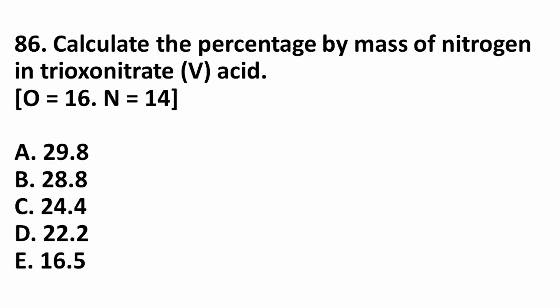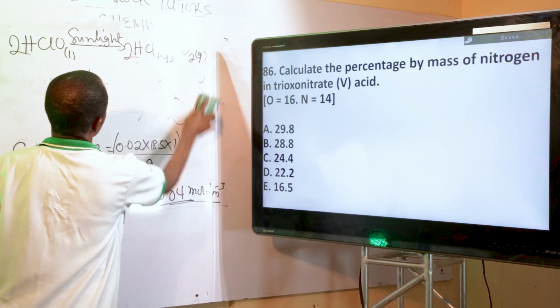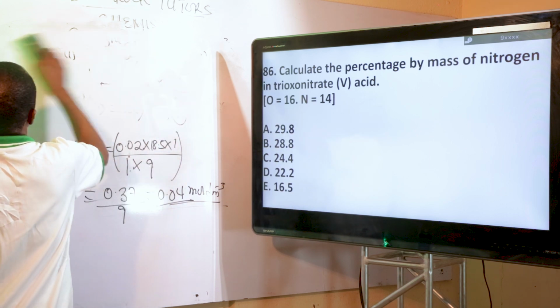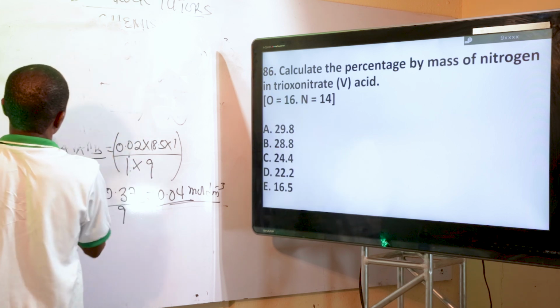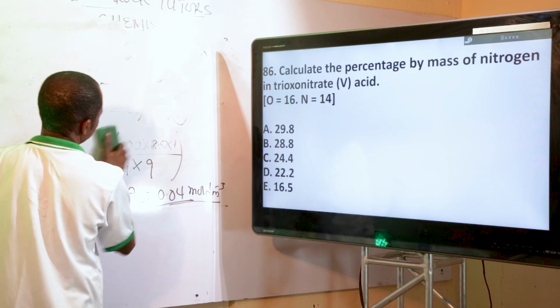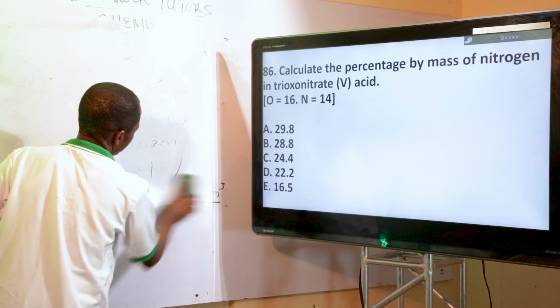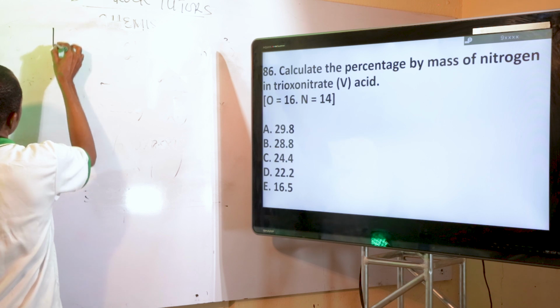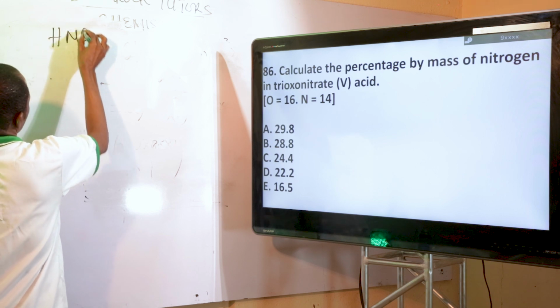Calculate the percentage by mass of nitrogen in trioxonitrate(V) acid. Let's take a look at that. Okay, trioxonitrate(V) acid, that's nitric acid, HNO3.